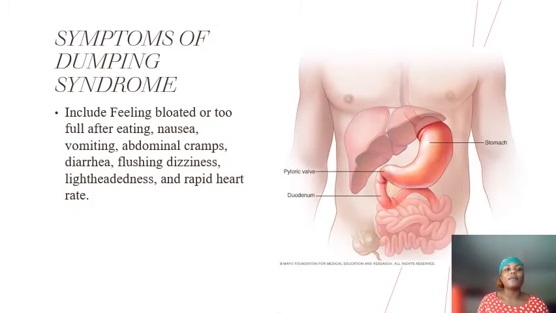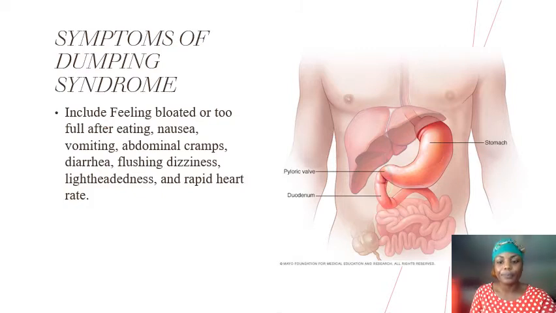As symptoms of dumping syndrome, we can include feeling bloated or too full after eating, nausea, vomiting, abdominal cramps, like your stomach will start doing like this, diarrhea, flushing, dizziness, lightheadedness, and rapid heart rate.